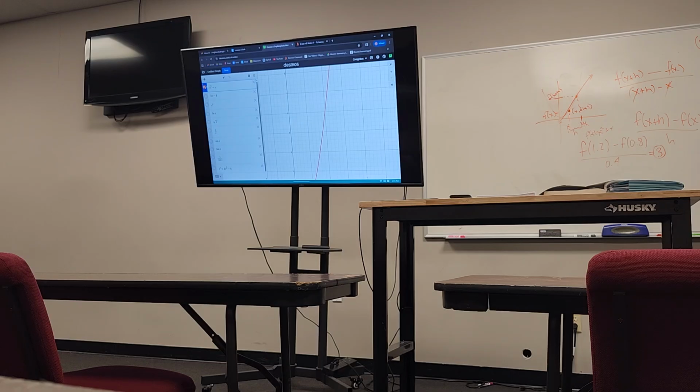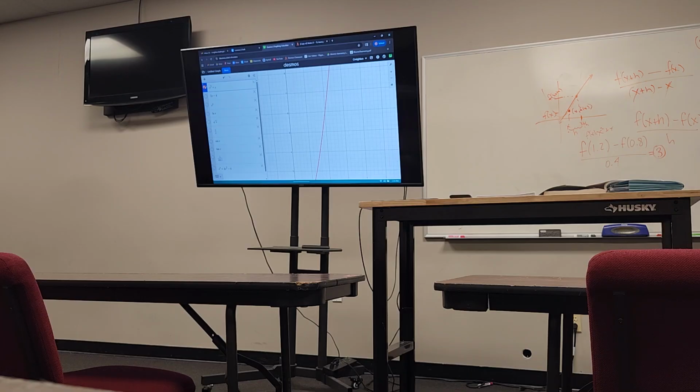I think that's right. Okay, so our x is this, our h is this. Now we would do f of x plus h, x plus h is this, minus f of x over h, which is this.